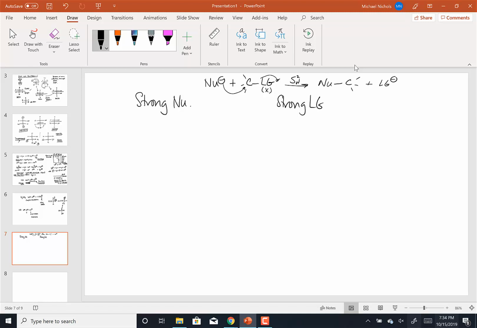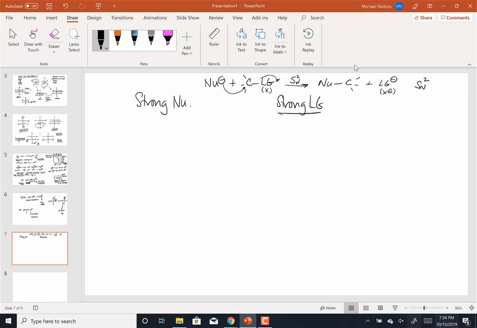In this case, again, forming a halide ion. So this is our Sn2 reaction. And so let's talk about strong and weak nucleophiles and strong and weak leaving groups in that context.